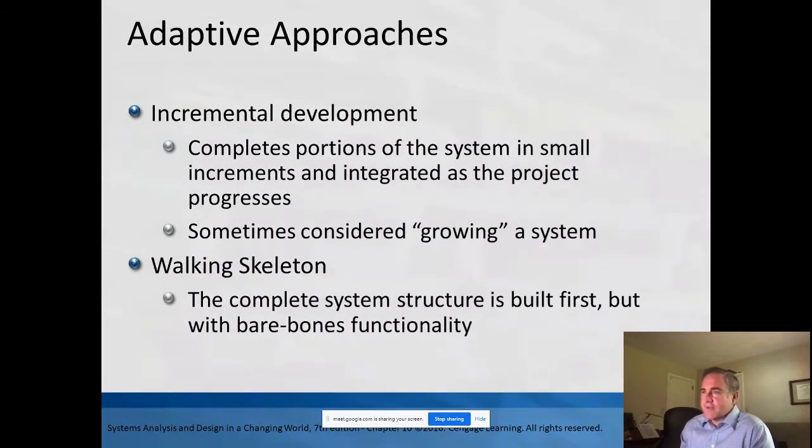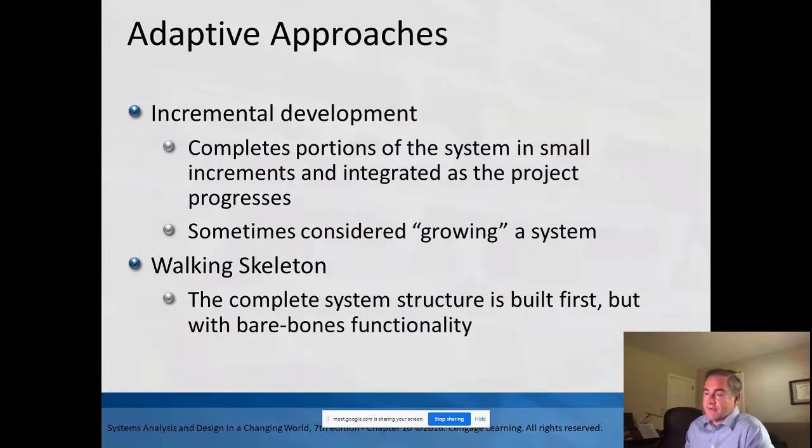So a core concept to the adaptive approach is that you're not developing the entire system start to finish, that you're doing this so-called incremental development where you're creating parts of it with each loop of your methodology. There are different ways to do this.